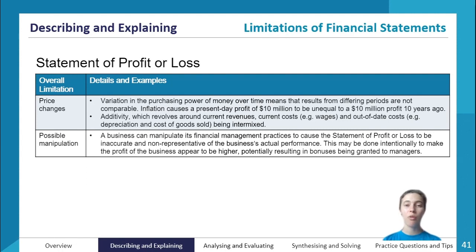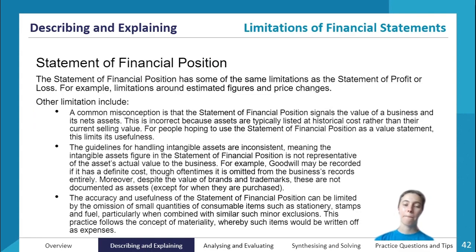So if you think of companies where managers may earn more money based on the performance of the business, they may be inclined to then misrepresent how well the business has done to try and get extra benefits and bonuses because of this supposed strong performance. So there is that room for manipulation there.